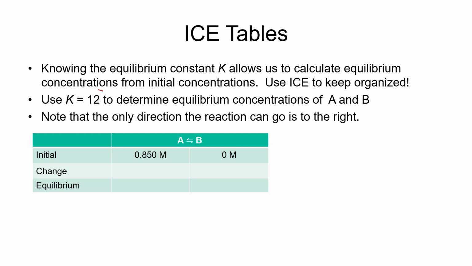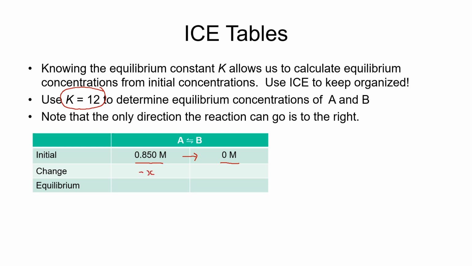In this case, we're given an equilibrium constant of 12, and we're starting off with everything on the left-hand side of the equation and nothing on the right-hand side. So we don't have to make much of a call here. We know the only way this reaction can go to get to equilibrium is to the right, because that's the only way it can go. Then you can fill it in just like you would any other equilibrium change on your ice table.